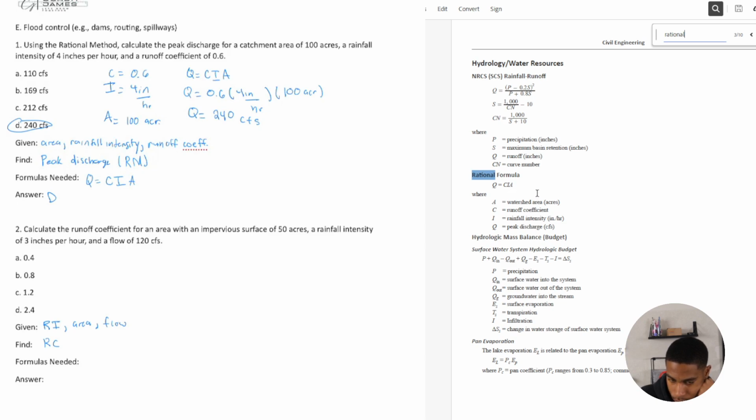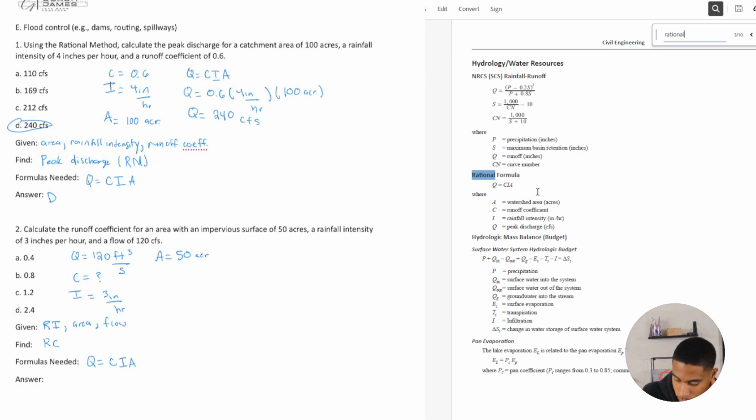Yes, at 50 acres. All right, so we can write out the formula that we need, which is going to be Q is equal to CIA. Q in this case is known, and we know it's 120 feet cubed per second. We know that C is in question. We know that I is equal to 3 inches per hour. And we know that A is equal to 50 acres.